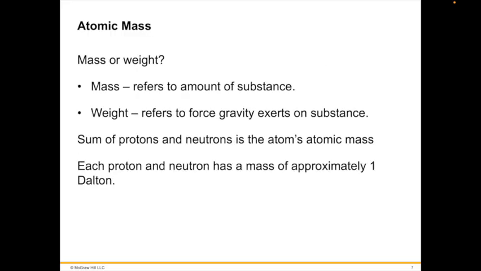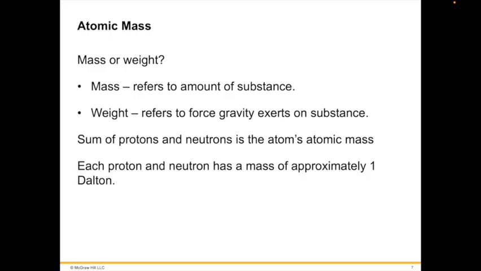The mass of atoms and subatomic particles is measured in units called daltons. To give you an idea of just how small these units are, note that it takes 602 billion daltons to make 1 gram. A proton weighs approximately 1 dalton, actually 1.007 daltons, as does a neutron, 1.009 daltons.